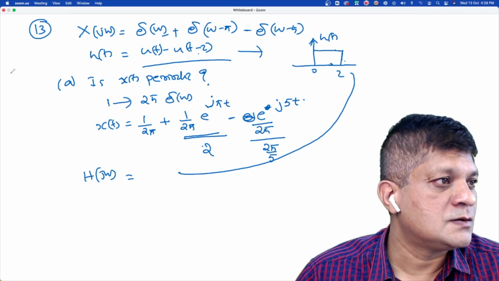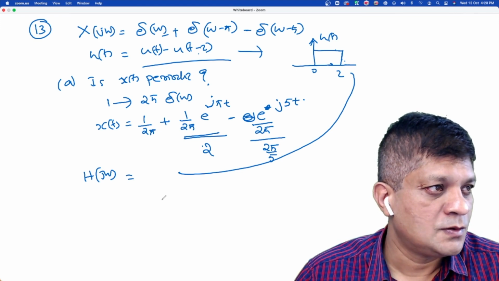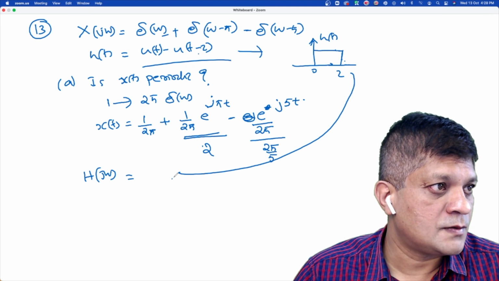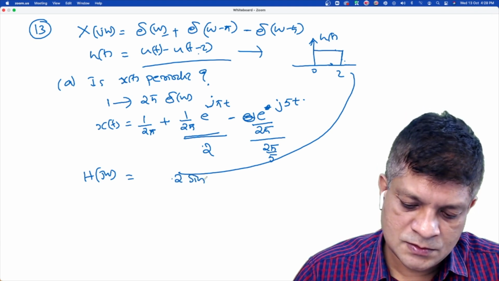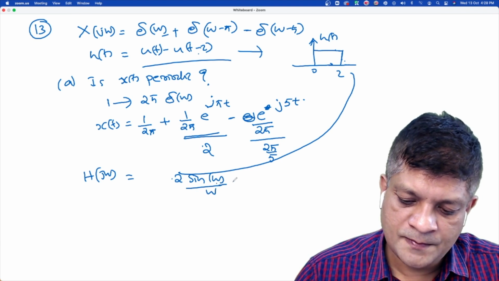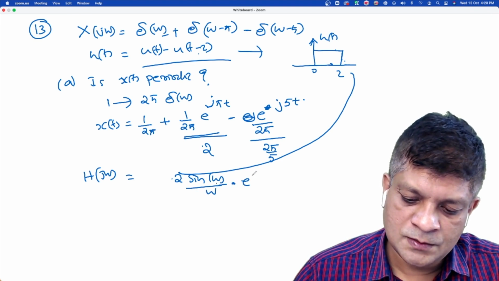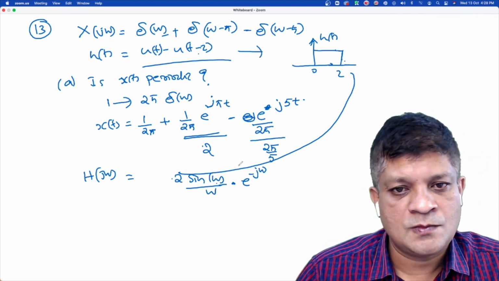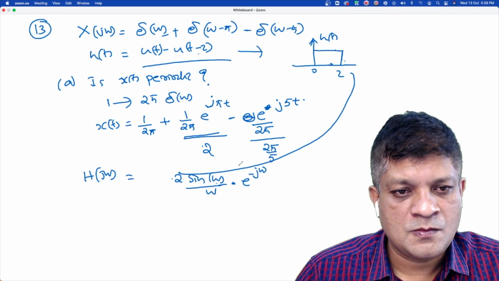So tell me, what is the Fourier transform of this? Here T1 is 1, so it is 2 sine omega by omega into e to the power minus j omega. Is it the Fourier transform? Yes.